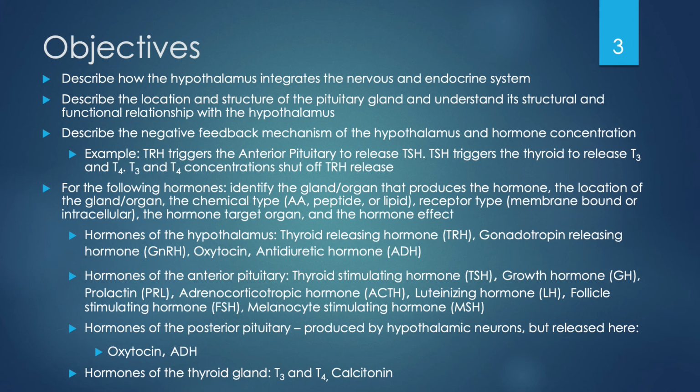For the following hormones, we'd like you to be able to identify the gland or organ that produces the hormone, the location of that gland or organ, the chemical type, so that could be an amino acid, a peptide, or a lipid, and then the receptor type, which could be membrane-bound or intracellular, the hormone target organ, and also the hormone effect.